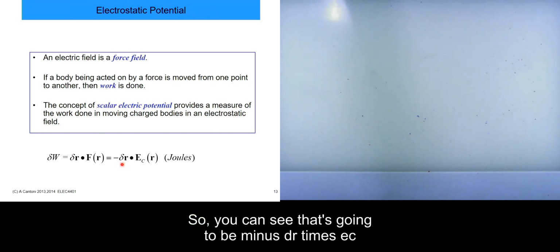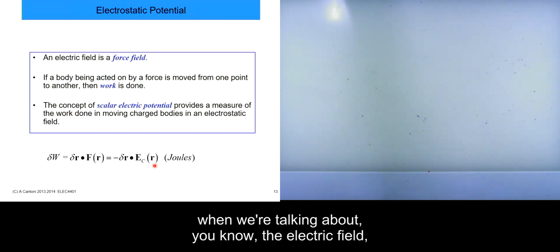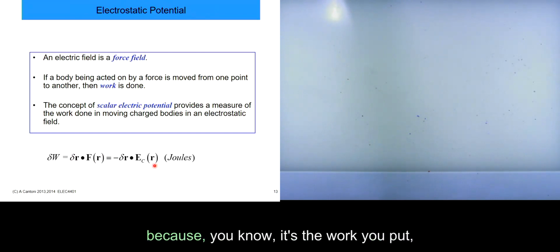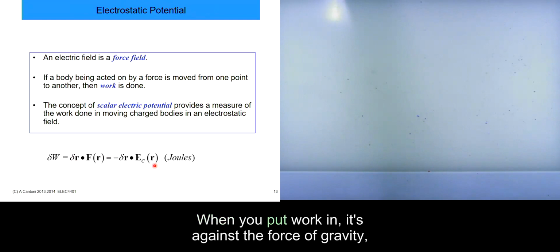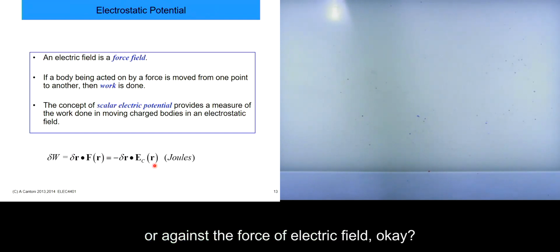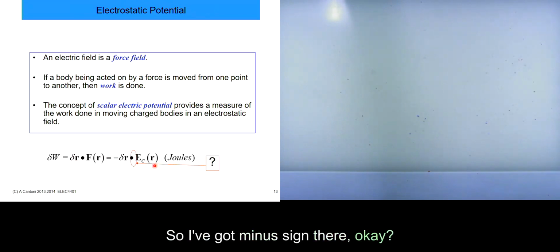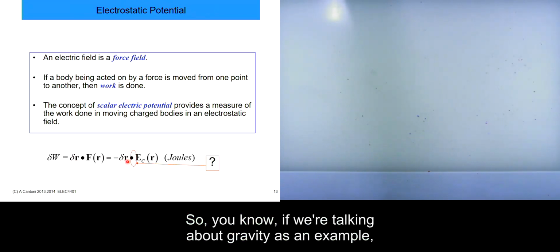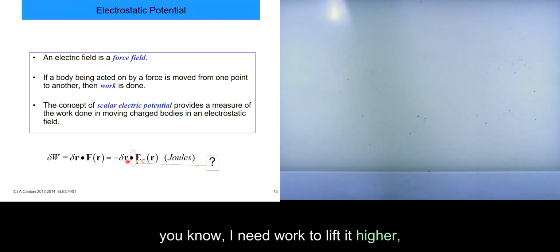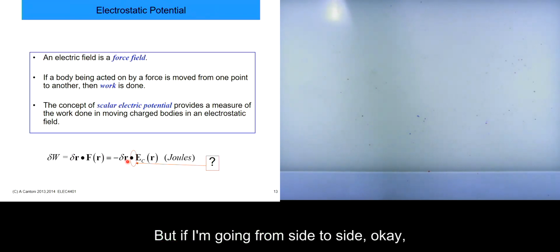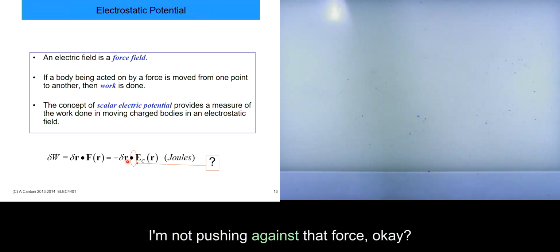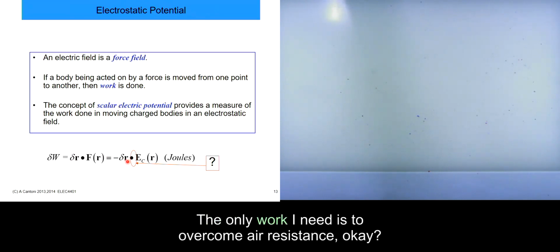You can see that's going to be minus dr times E when we're talking about the electric field, because the work you put in is against the force of gravity or against the force of the electric field. That's why I've got a minus sign there, and again it's a dot product. If we're talking about gravity as an example, I need work to lift it higher. I need to put work in. But if I'm going from side to side, I'm not pushing against that force; the only work I need is to overcome air resistance or something like that.